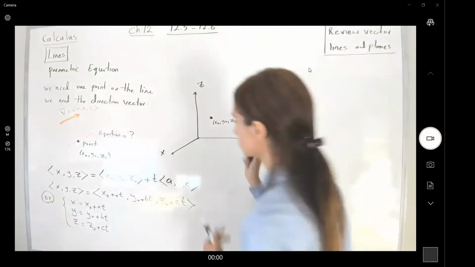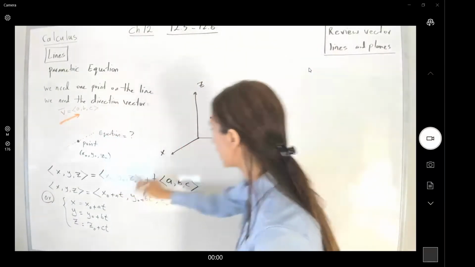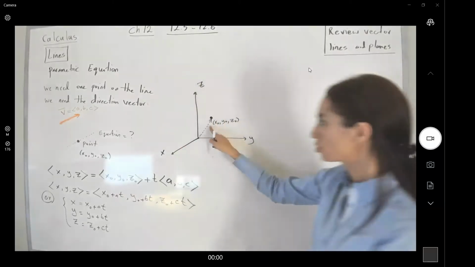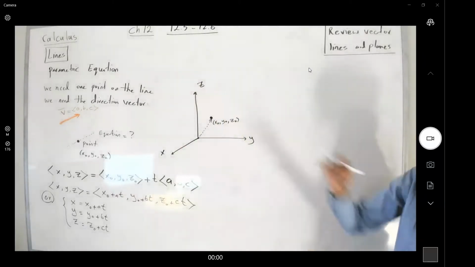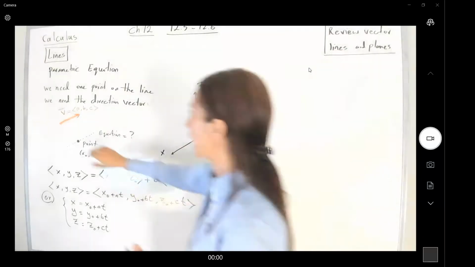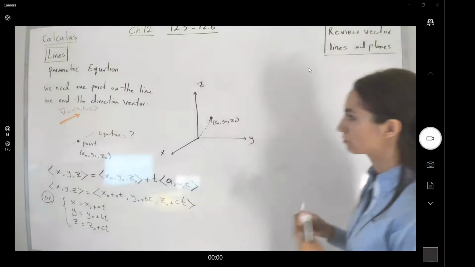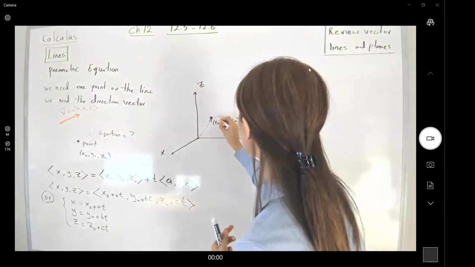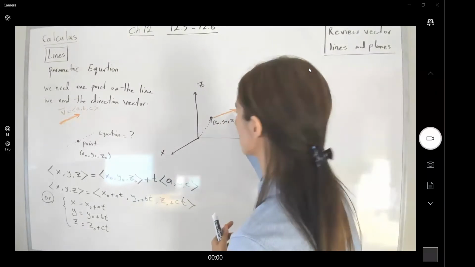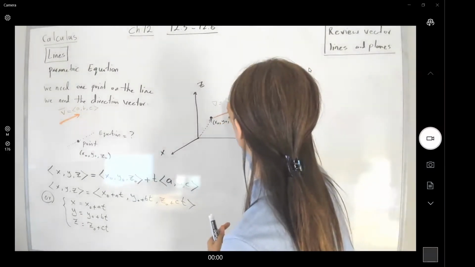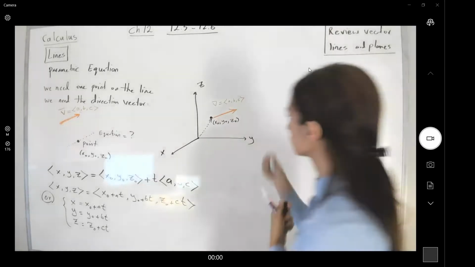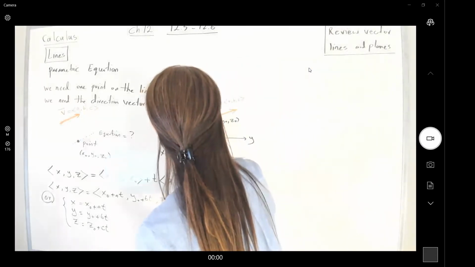To define this as a vector, we connect the origin to the initial point, the point on the line. At the same time, you know that you have a direction vector. This direction vector is given to us. This is our vector v, a, b, and c. This is going to be your line.